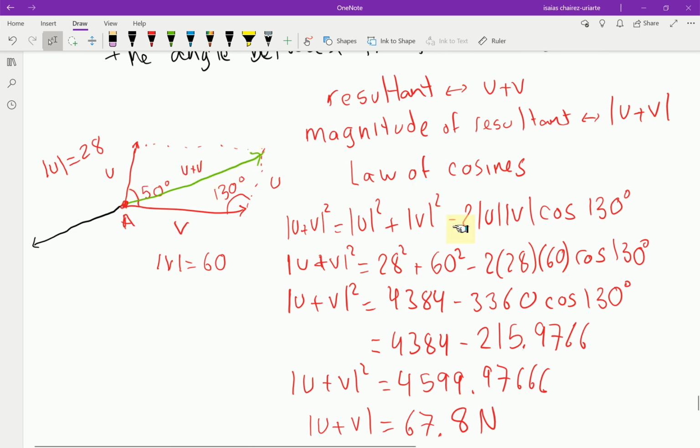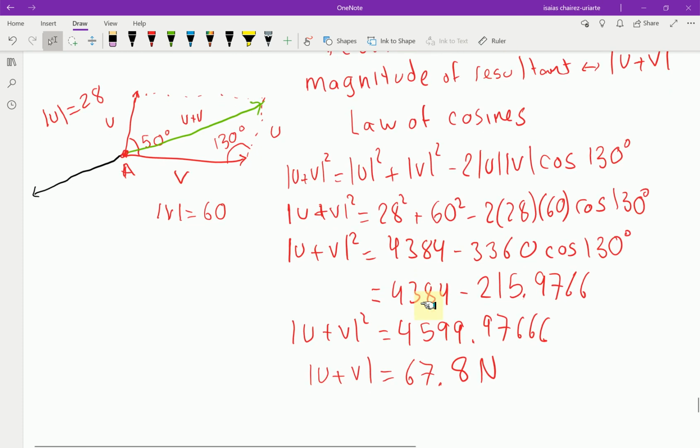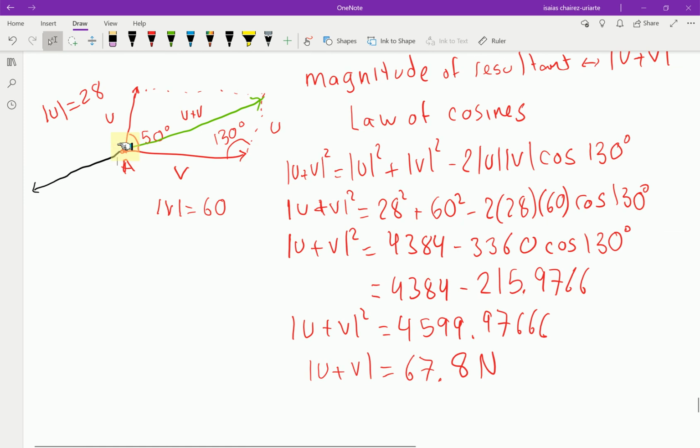In order to do that, we used the law of cosines. We looked at this little picture here. We had to think about, what's this angle here? How did we conclude that this was 130 degrees? Then we used the law of cosines, and we conclude now that the resultant force is 67.8 newtons.